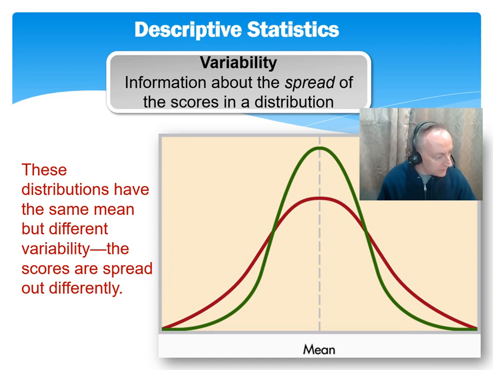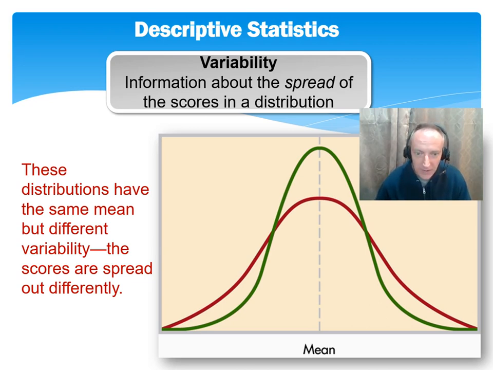So the higher your standard deviation, the higher the variability, the more spread out those scores are. Again, why is that important to know? Well, because if you're conceptually trying to understand a set of data, you need to know that.